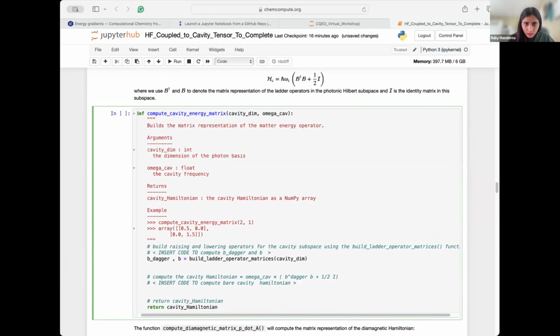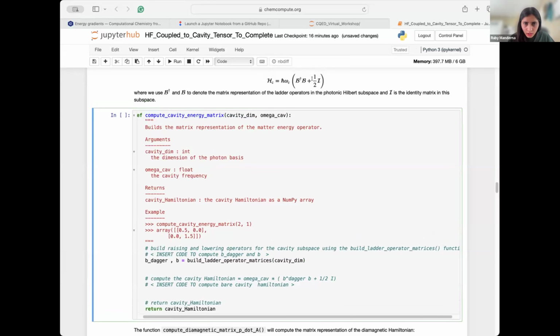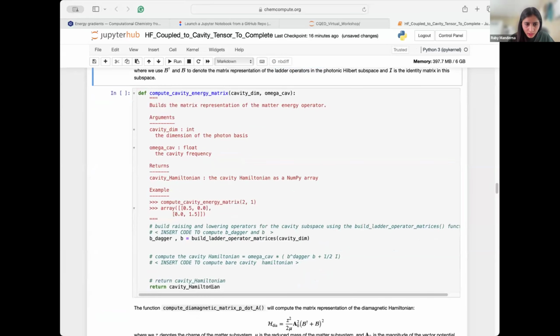Next we need to put all these values in this equation to compute the cavity term, and we'll save it as cavity underscore Hamiltonian.